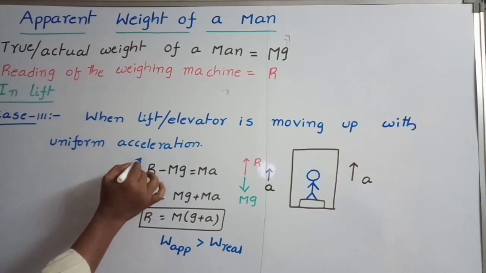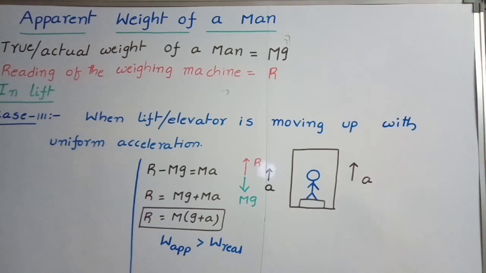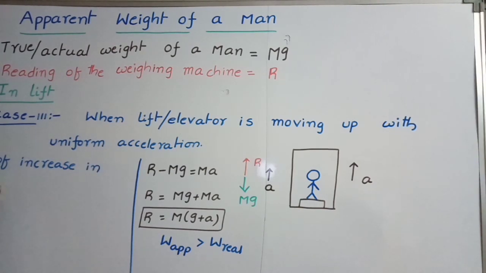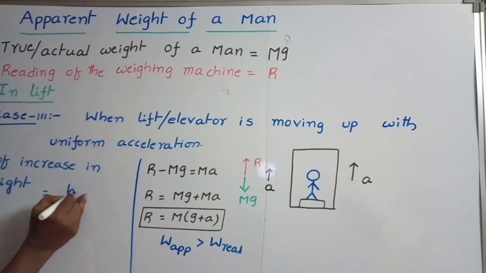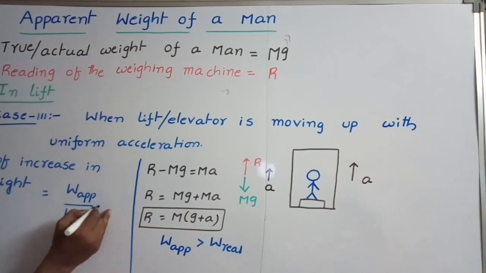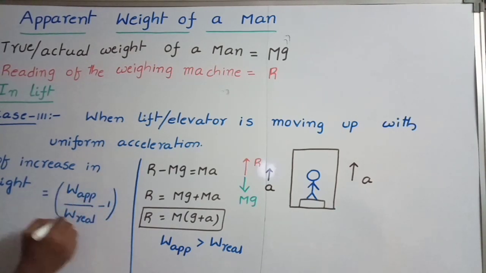In this case, we may find the percentage of increase in weight. To calculate the percentage increase in weight, a simple formula we can use is W apparent by W real minus 1, into 100.